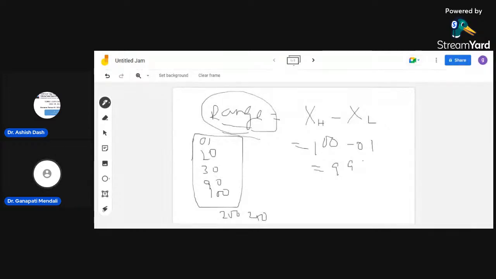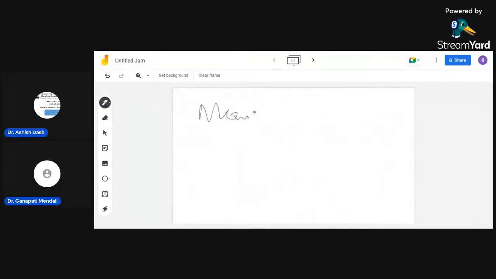Now coming to the next one, the mean deviation. It is calculated from the deviations of the observations from their mean.